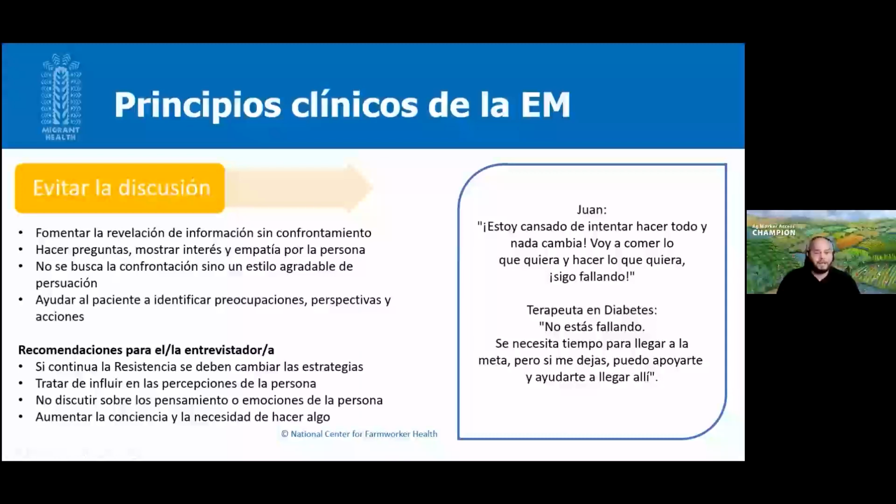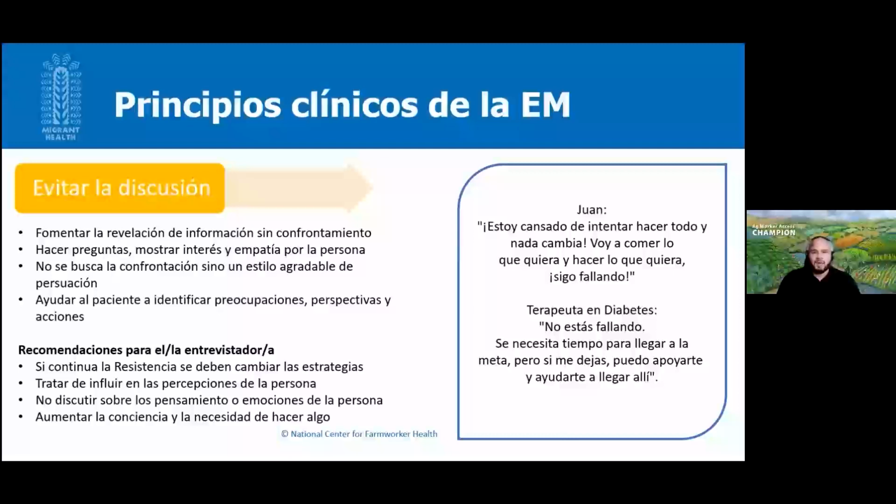So now let's go on to the next slide. Let's talk about avoiding arguments. Going back to the prior principle, the objective of increasing awareness of the problem. We need to do this. This is important because this is going to help the therapist to avoid any type of argument with the patient.